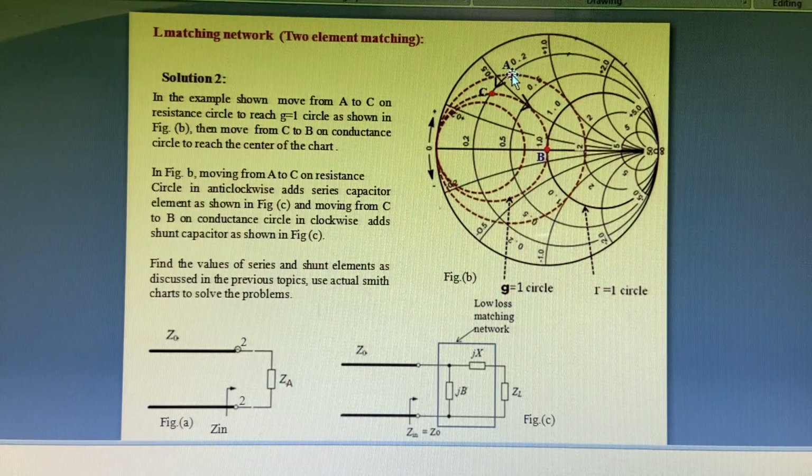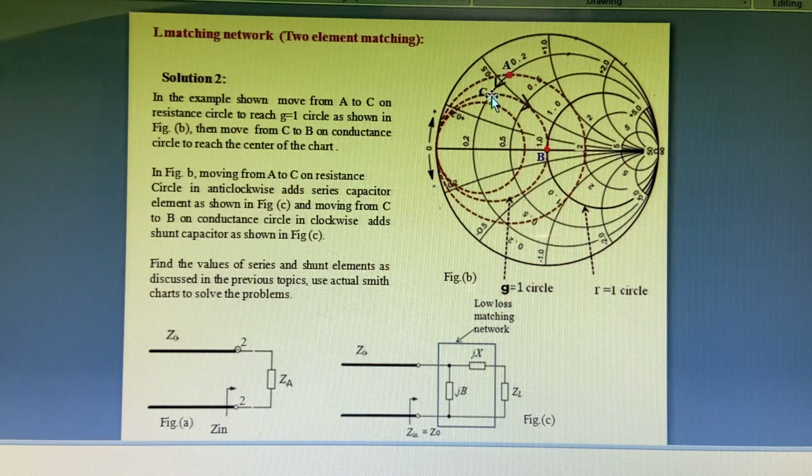From A you move on the resistance circle to reach the G equal to 1 circle. So that adds one element. Moving on the resistance circle in the anti-clockwise direction adds a capacitor in series like this.